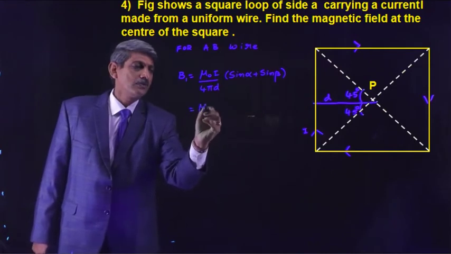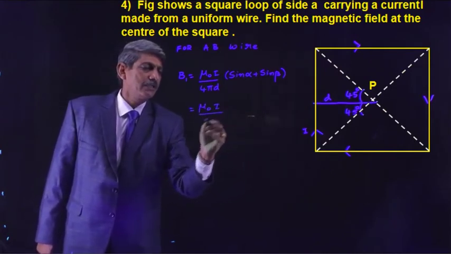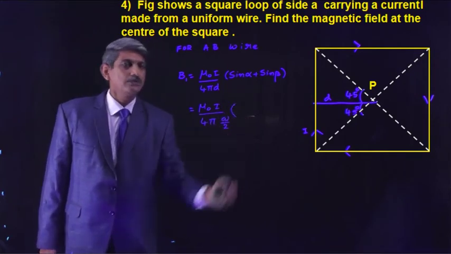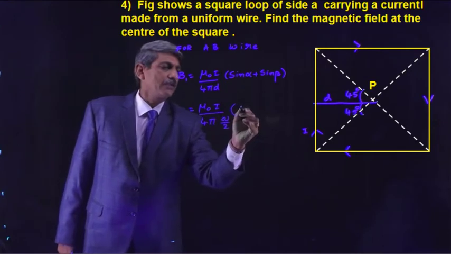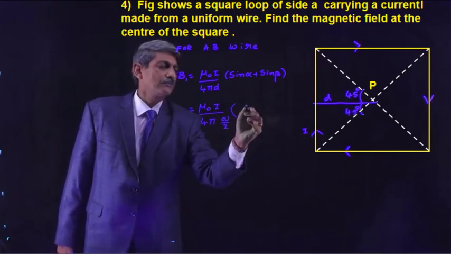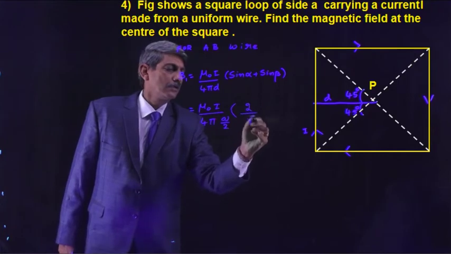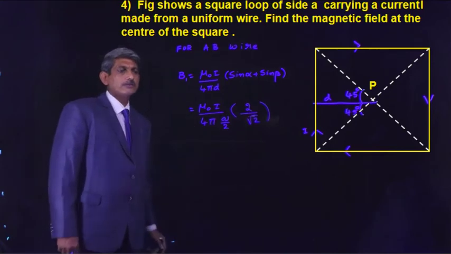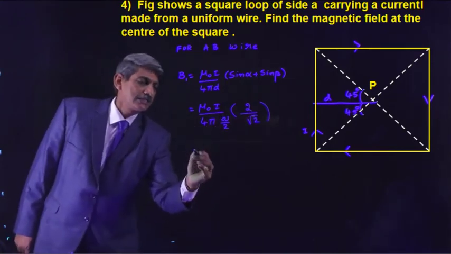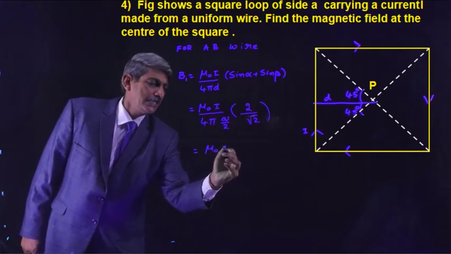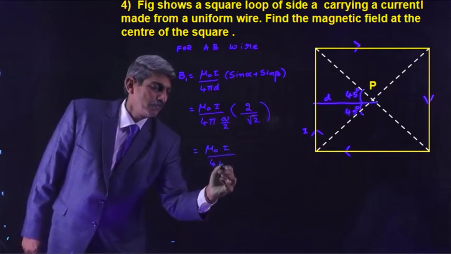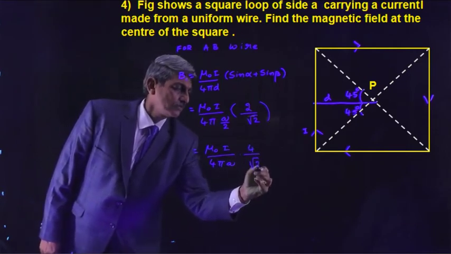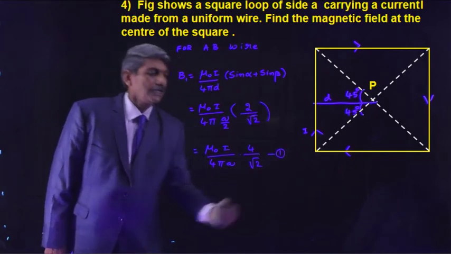This is equal to mu naught I divided by 4 pi into A by 2 into sin 45 plus sin 45, that is equal to 1 by root 2 plus 1 by root 2, that is equal to 2 by root 2. So we can write it as mu naught I divided by 4 pi A into 4 by root 2. Let it be equation number 1.